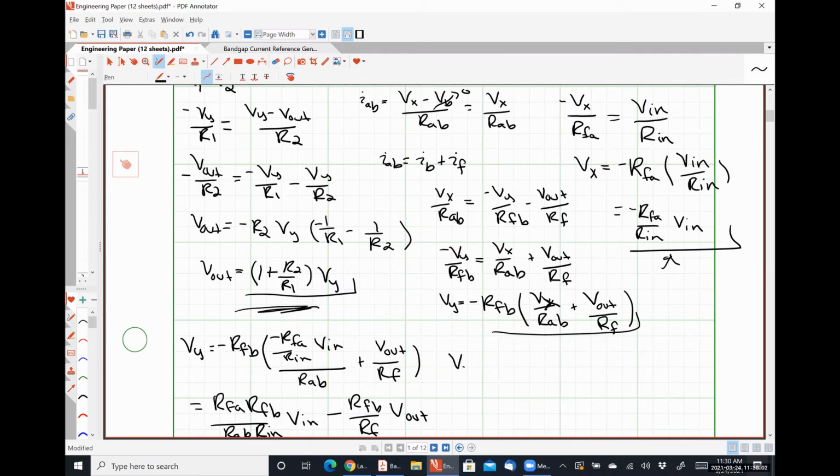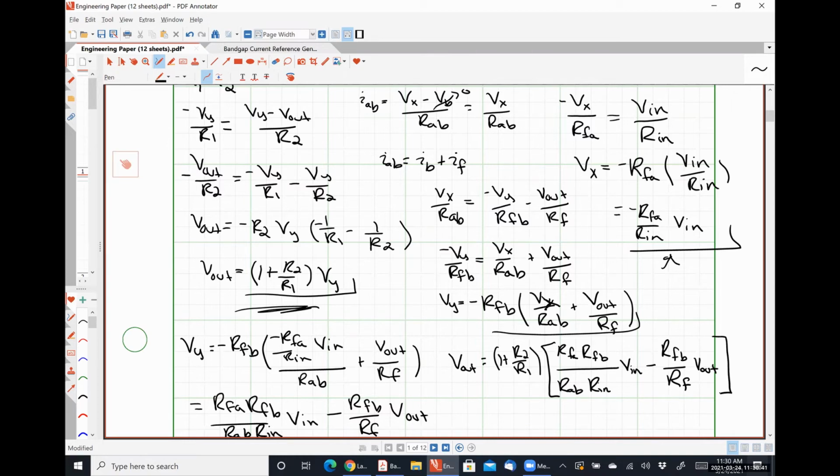And so we have V out equals 1 plus R2 over R1 times all of this stuff, RFA RFB over RAB RN, VN, minus RFB over RF, V out, like so.